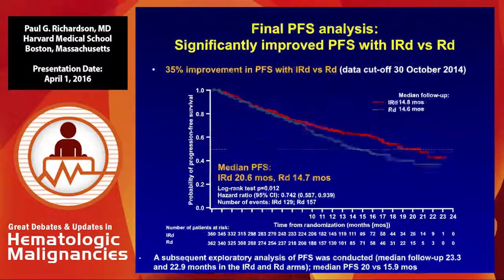And very importantly, in the same context, there was a progression-free survival difference that emerged over time. The thing that's got everyone interested is what's going on here. Why did it take up to 9 months for this to start to separate? My own bias is that perhaps there is an opportunity to explore more potent proteasome inhibition with a twice-a-week schedule, very similar to the sort of bifurcation that I know Bob's going to show you for KRD.